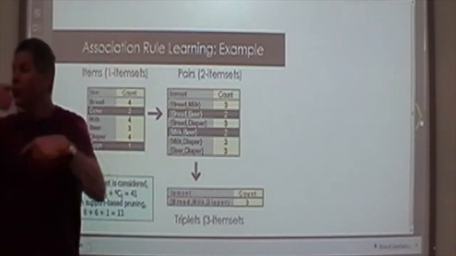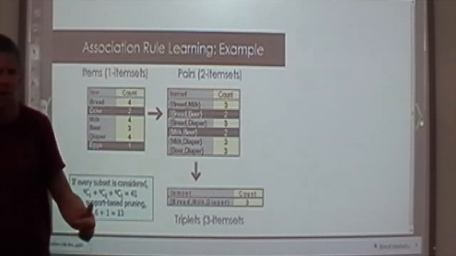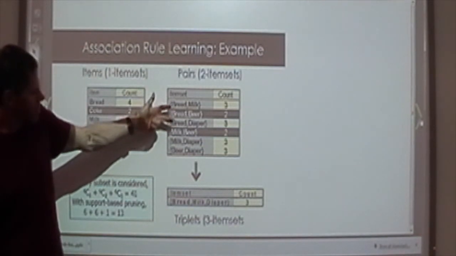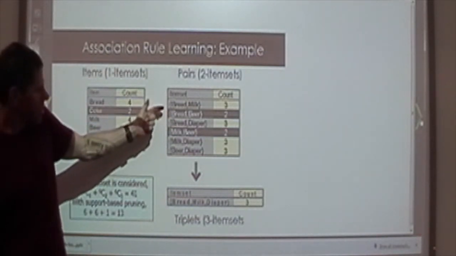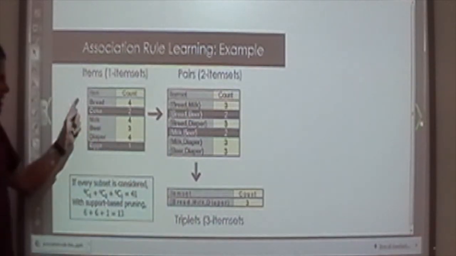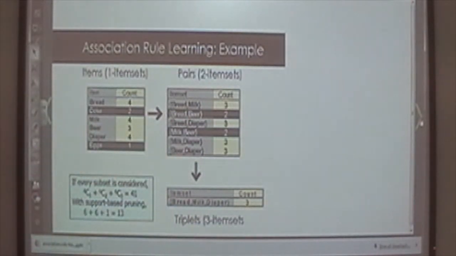So when we go to the 3 item subset, we're going to eliminate the ones with bread and beer and milk and beer, just like we eliminated there. We're not going to look at those triples that include bread and beer or milk and beer, right?